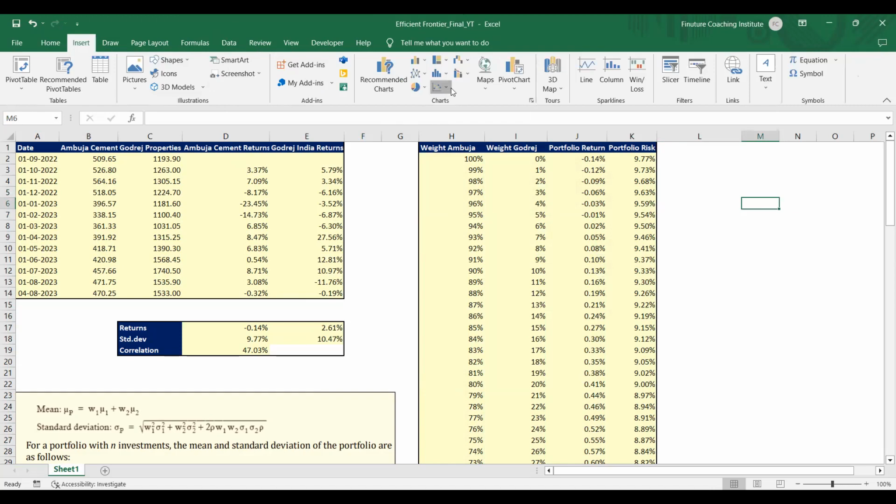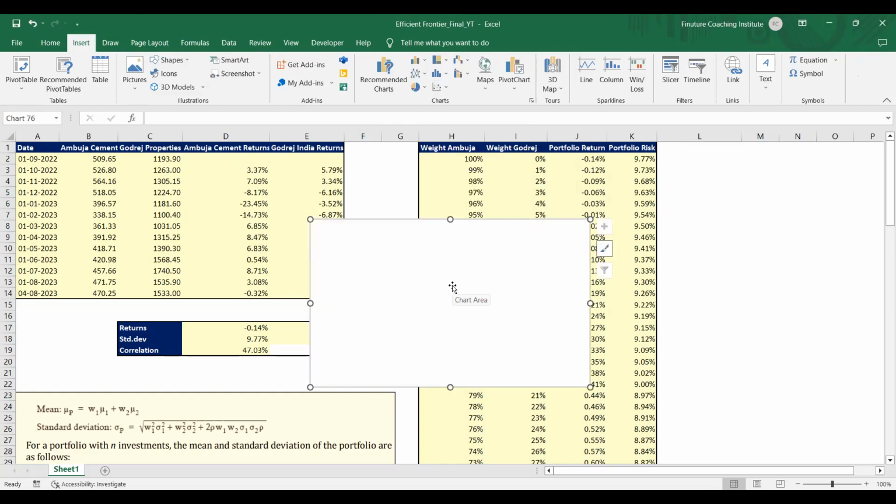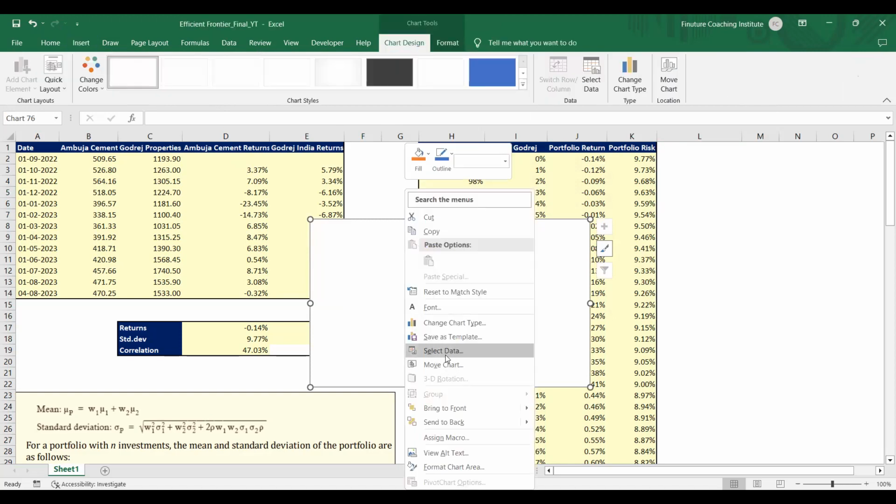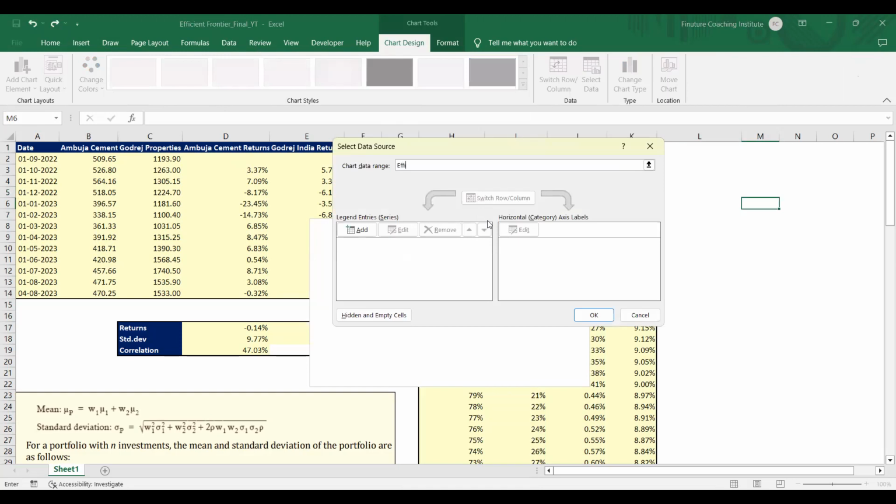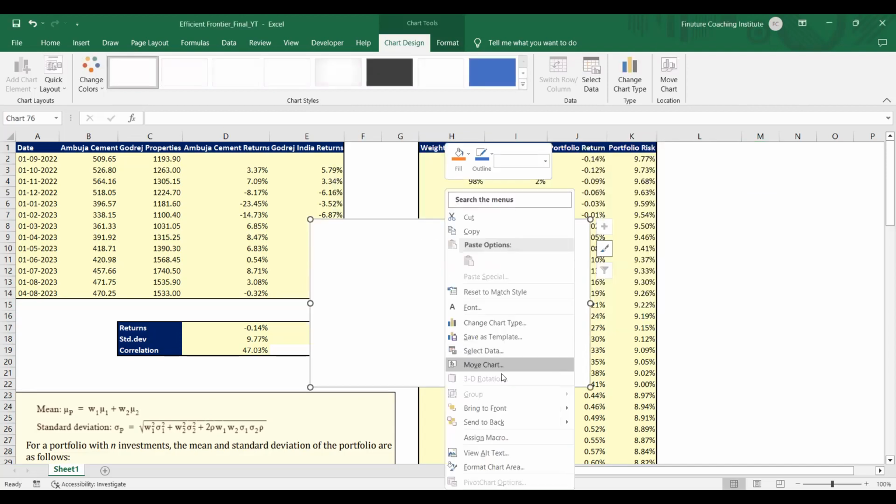Let's keep it away, otherwise it's picking up data randomly. We need a blank scatter plot so that we can manually punch in data. So let me first name this efficient frontier. Now we'll punch in data.